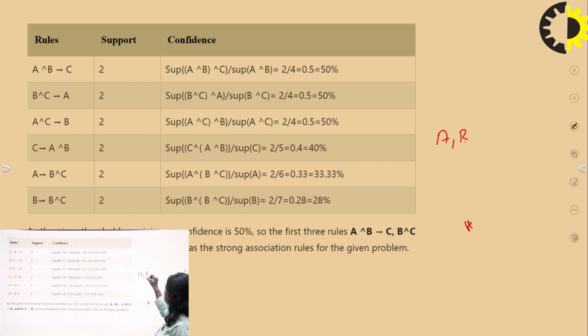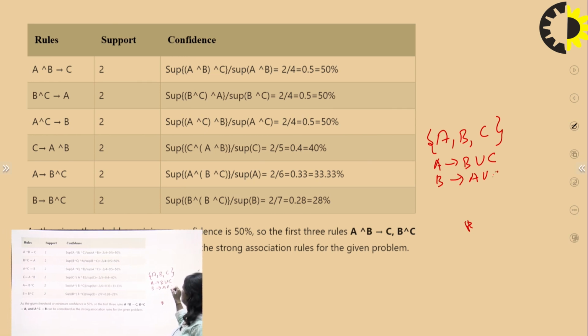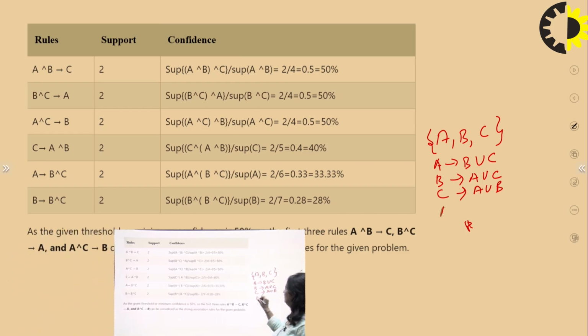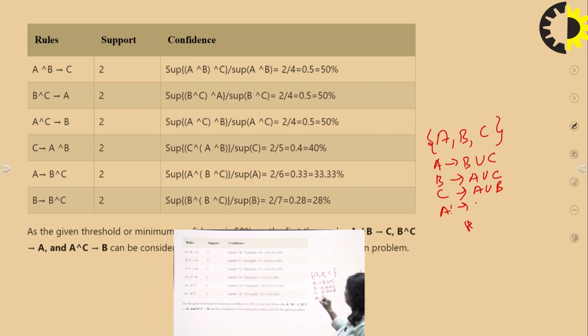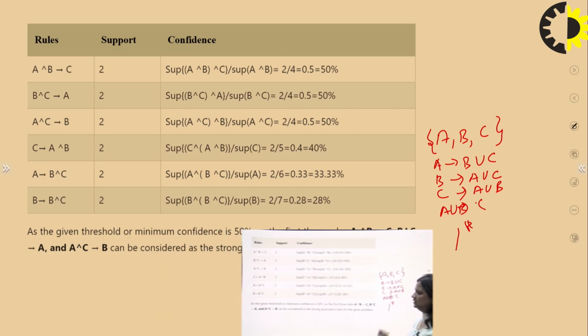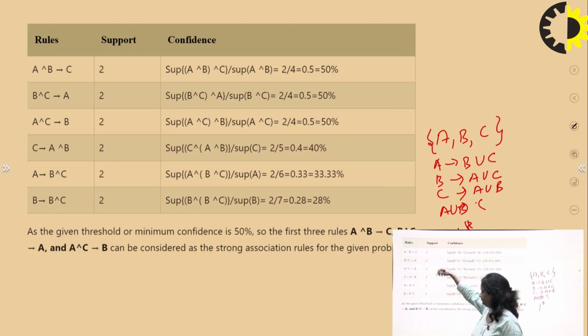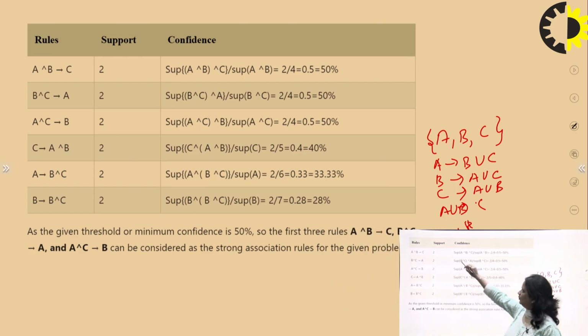So for ABC there are 6 association rules. A implies B union C, B implies A union C, C implies A union B. Then A union B implies C, and so on. And how can we calculate the confidence value?